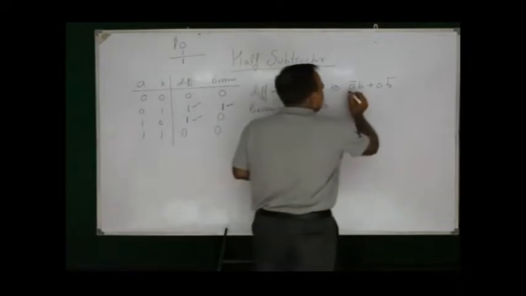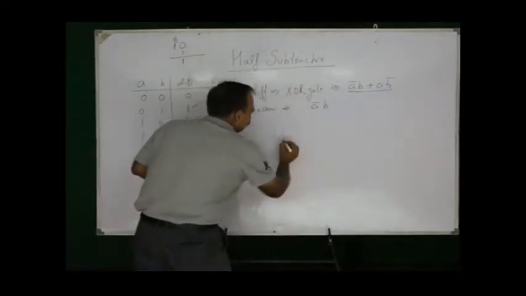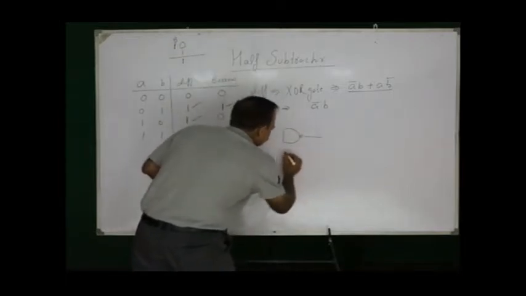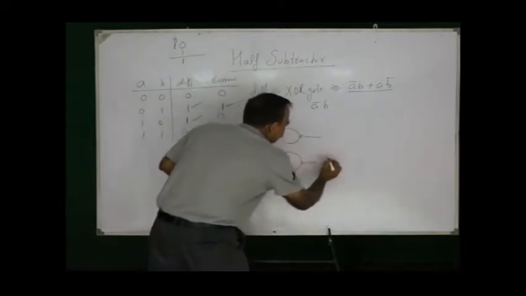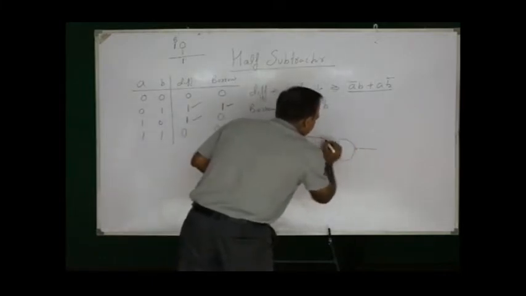So, I will start with this expression. NAND gate I will be using for this. So, a NAND gate, then the second NAND gate, and these two will be connected to another NAND gate.